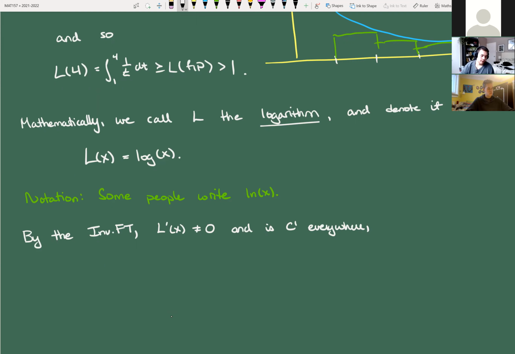Okay, so by the inverse function theorem, L is a C1 function, right? Certainly differentiable, and its derivative, 1 over x, is continuous on its domain. So it's a C1 function, and its derivative is never 0. So by what you proved, I think, in term test 3, maybe, or term test 2, whichever one it is, it has a C1 inverse everywhere.